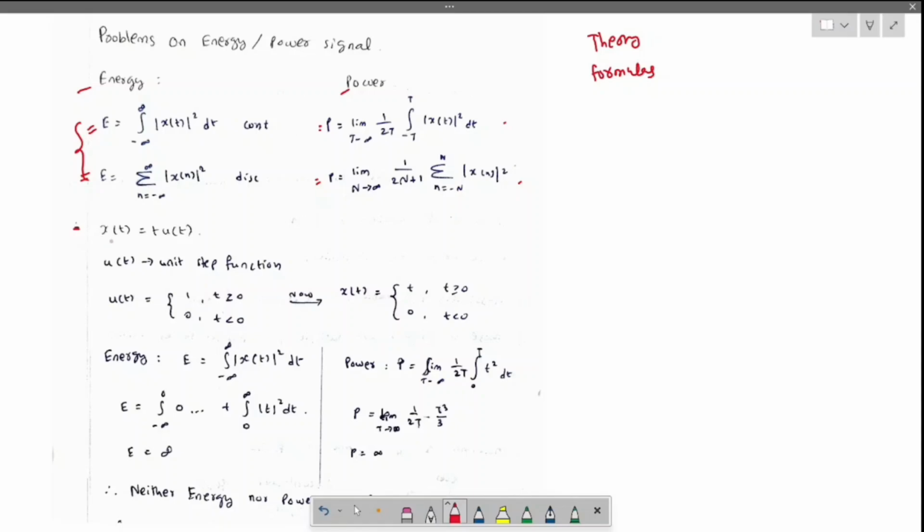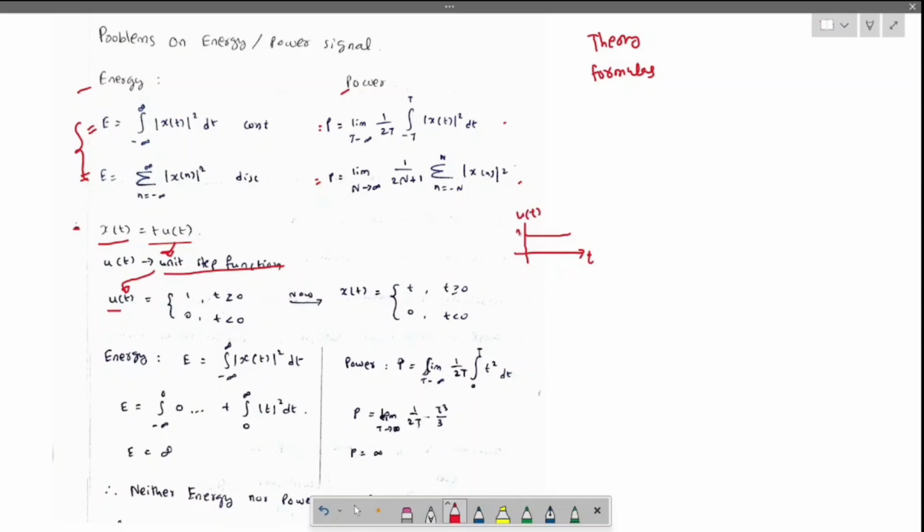First problem: given x of t is t u of t, where u of t is a unit step function. The unit step function looks like this. This is the graph for the unit step function.